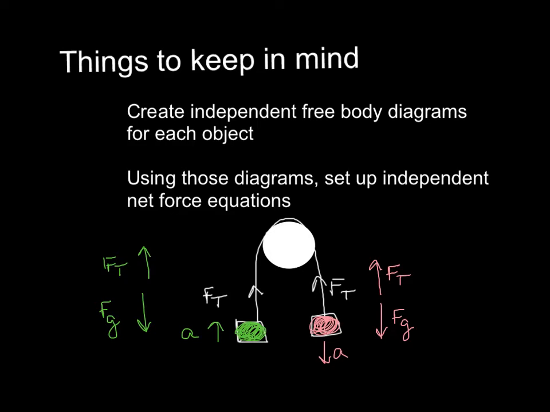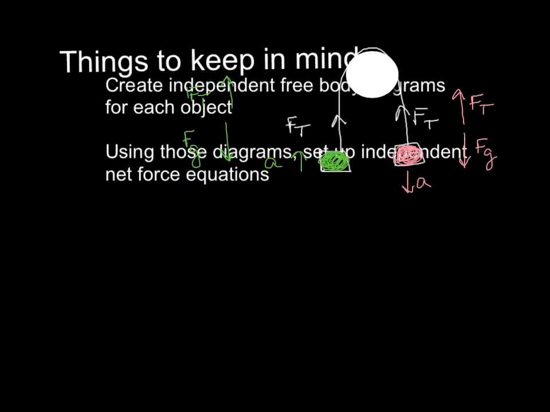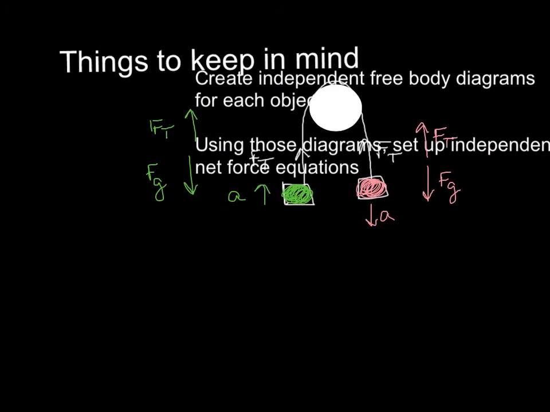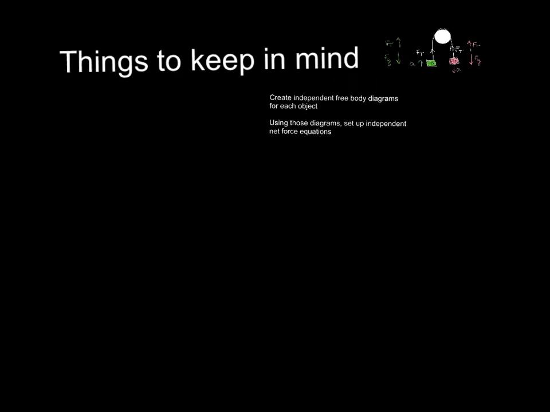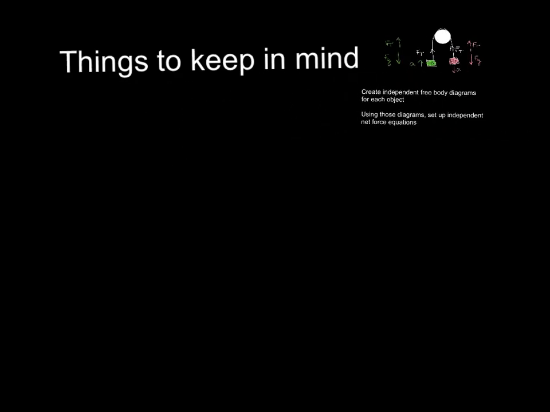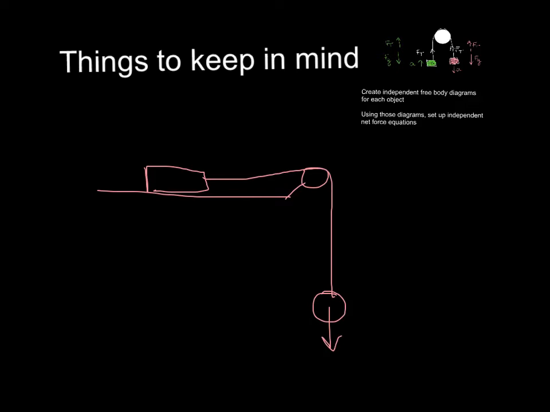We could also have a pulley system where, let's shrink this a little bit here. There we go. We could have a pulley system where we have a block up here on a table, and here's our pulley, and there's a rope slung over here, and there's another mass hanging down here.